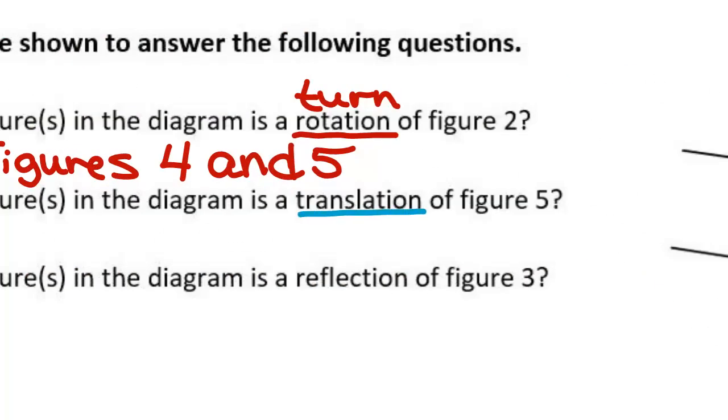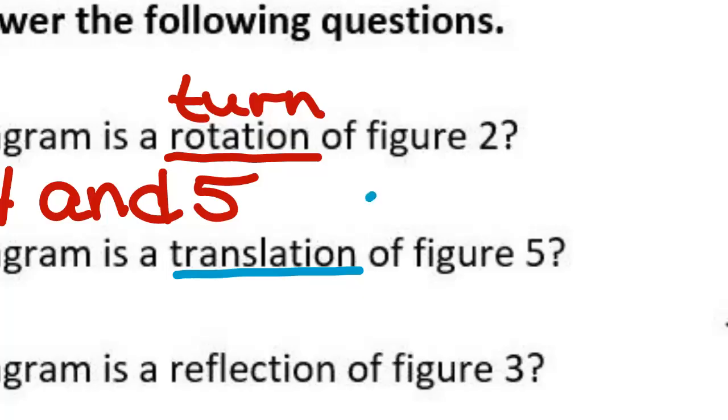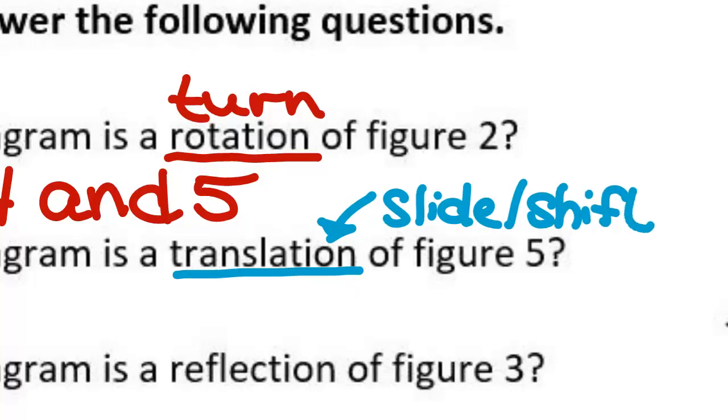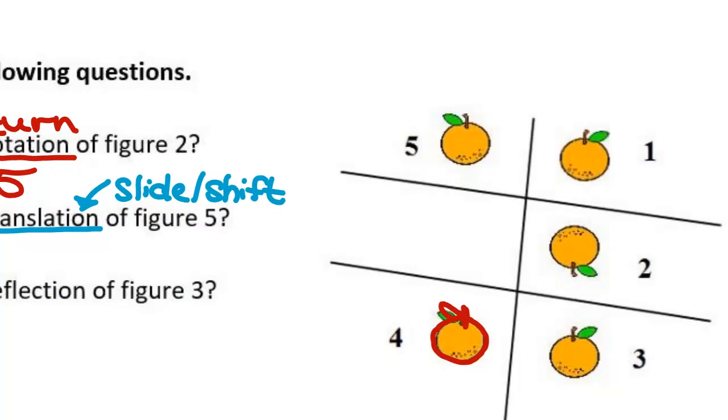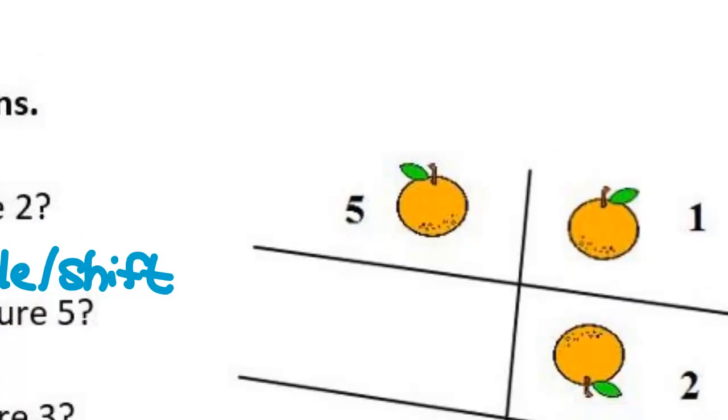Part B, we want to know which one is a translation of figure 5. A translation is a slide or a shift. No turning, no flipping. So I'm going to trace around figure 5. Notice the leaf is on the left. Trace around my orange.